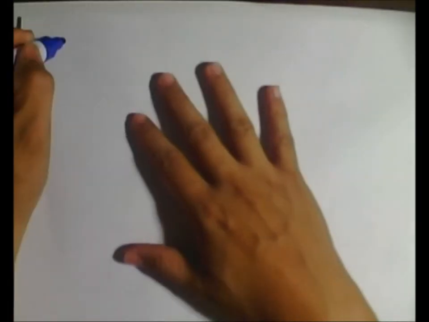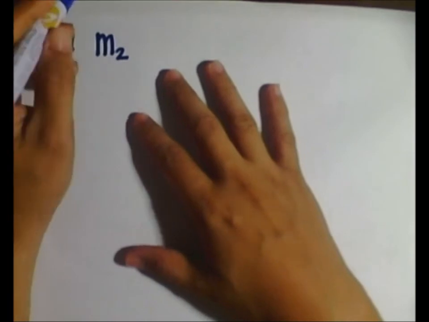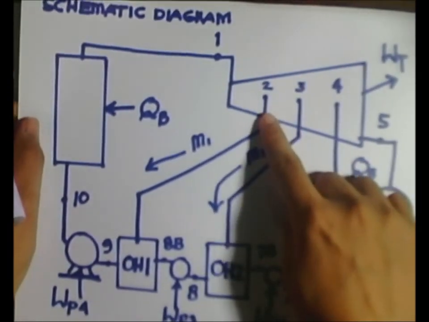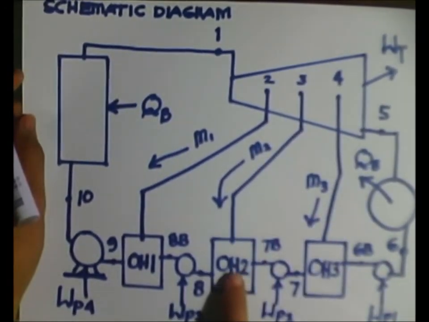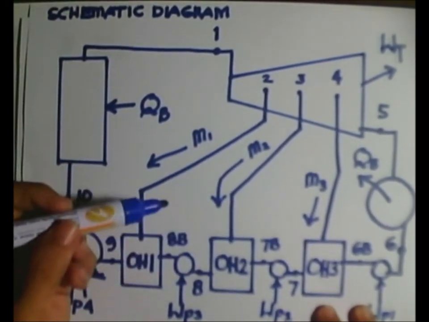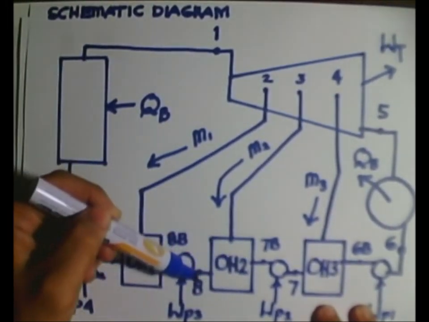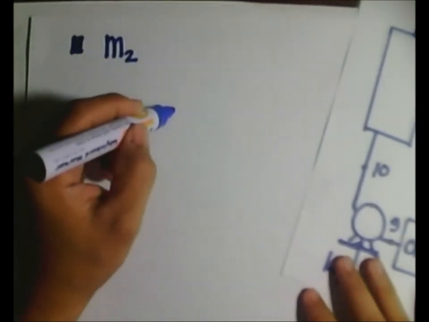So that if we are going to solve for M3, I mean M2, and from here, from our schematic diagram, we're going to solve for M2, so that the points involved here will be 7, B, and 8. So we have open heater 2, and we are going to transfer that here, solving for M2.